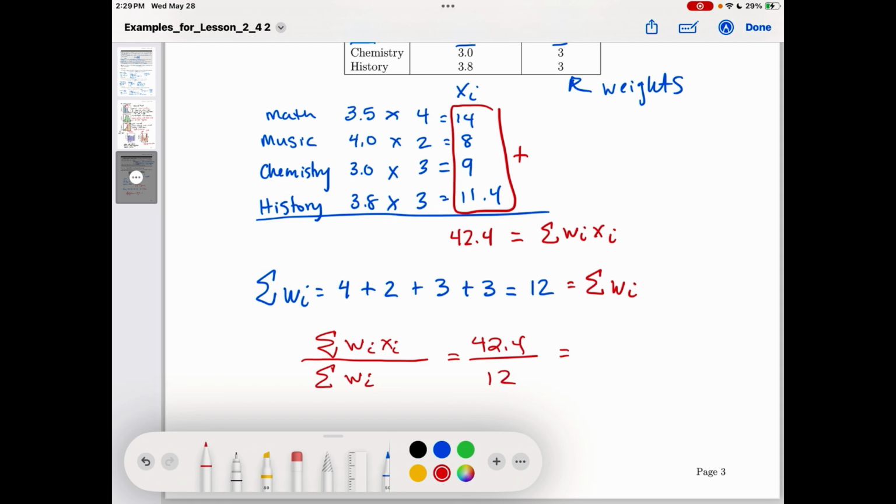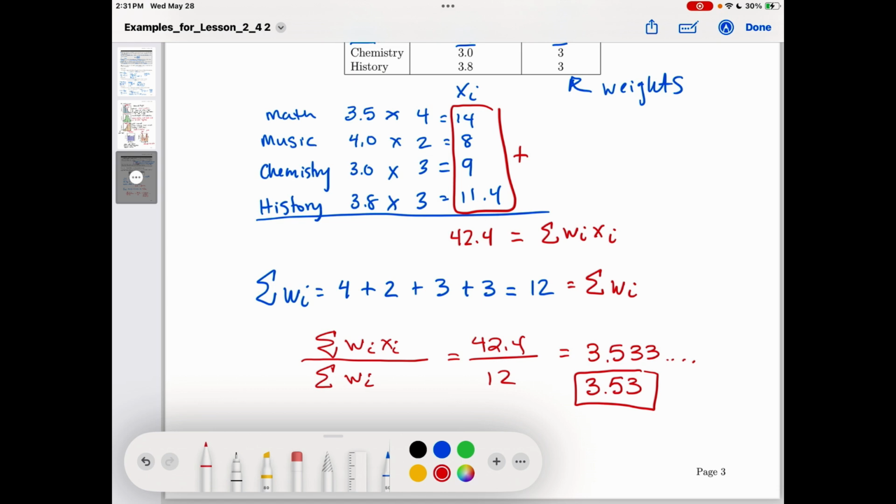So I'm going to take 42.4 and divide by 12. When we divide, we're going to get 3.53 repeating. But when we round to 2 places, we're going to get 3.53. So this person's GPA is going to be 3.53.